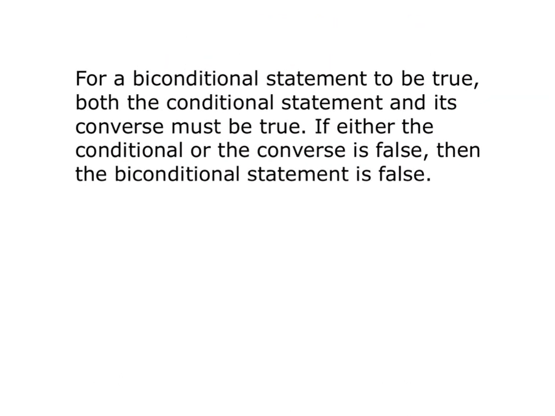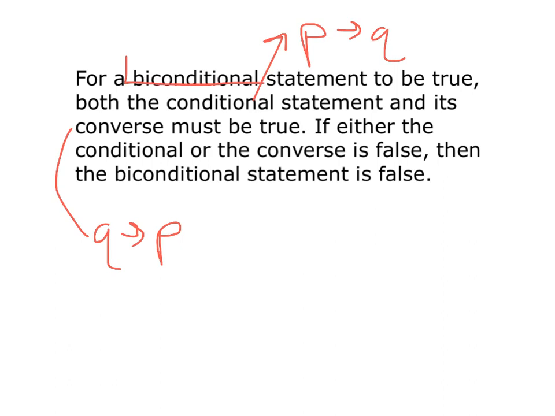For the biconditional statement to be true, both the conditional statement and its converse must be true. So the conditional statement, meaning the P then Q, must be true, and the converse, the Q then P, must be true. If either the conditional or the converse is false, then the biconditional statement is false.